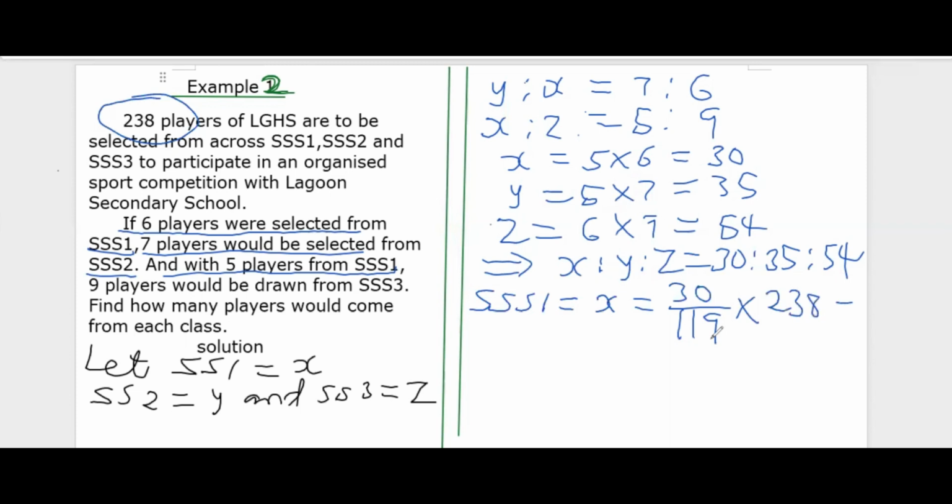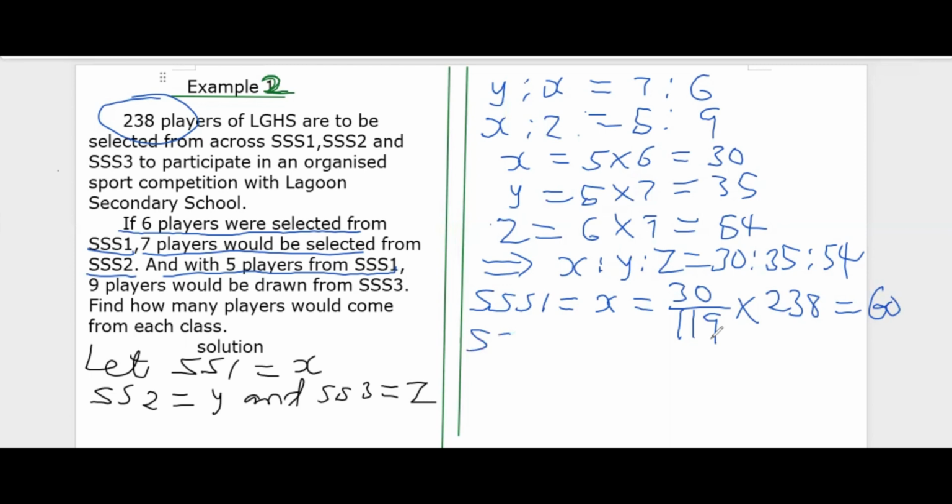If you multiply this out, 30 times 238 divided by 119 should give us 60. That is 60 players coming from SS1.